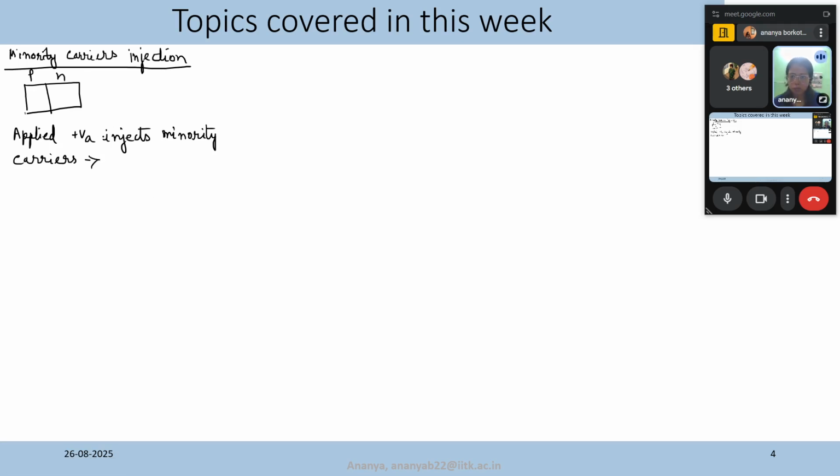Because of this injection, there will be a creation of non-equilibrium. The equilibrium condition, that is the diffusion, is stopped due to the drift, due to the inbuilt electric field. So that equilibrium condition will not be there now, and this leads to a non-equilibrium carrier injection. We have talked about non-equilibrium carrier injection earlier, and we will use those same concepts here.